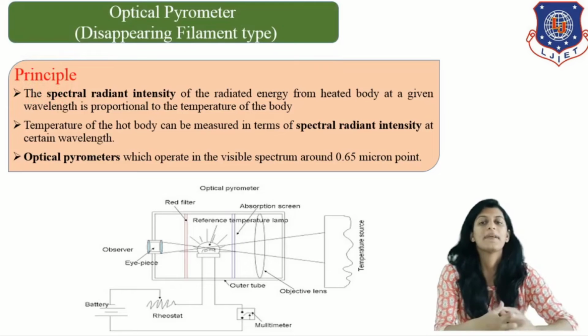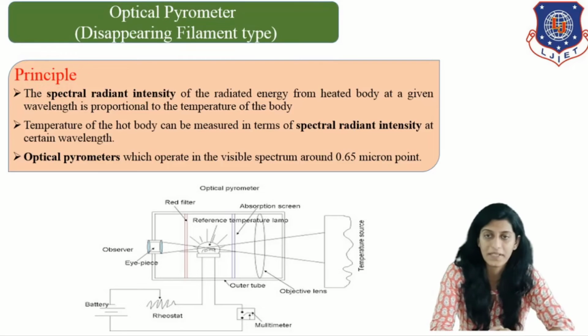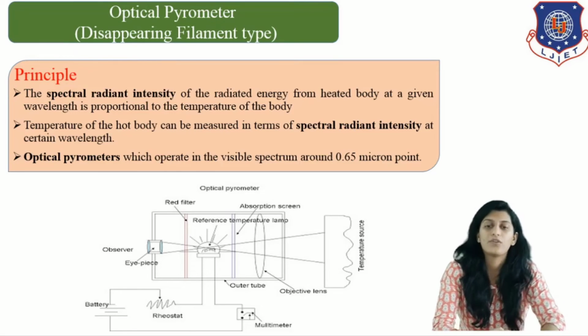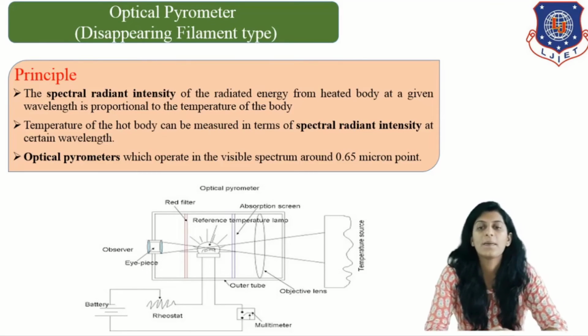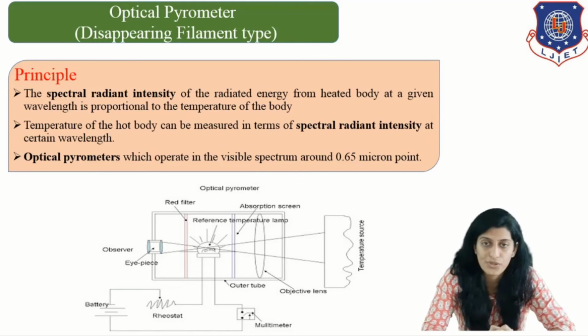Now, coming to the next device of pyrometer, which is the optical pyrometer. The optical pyrometer is based on the principle of spectral radiant intensity. The spectral radiant intensity of the radiated energy from a hot body at a given wavelength is directly proportional to the temperature of the body.